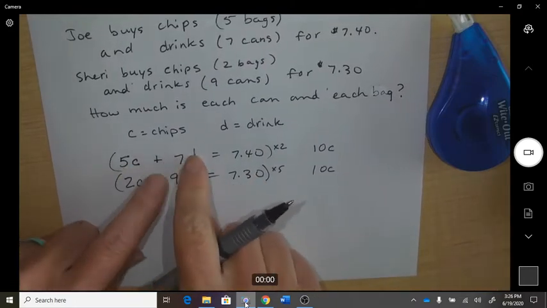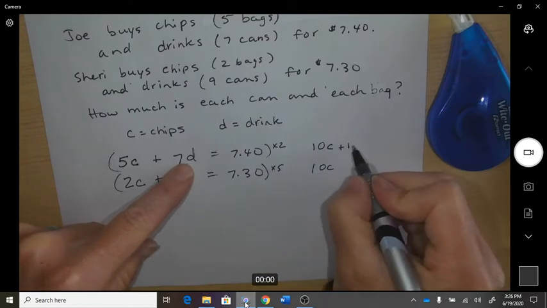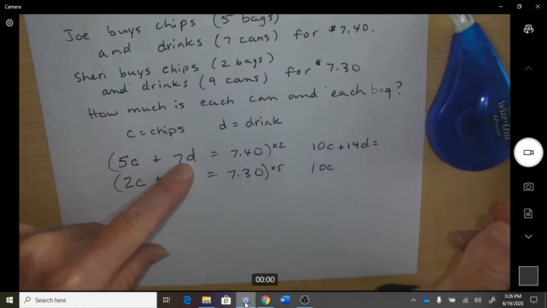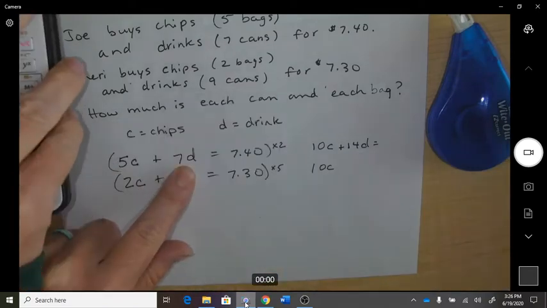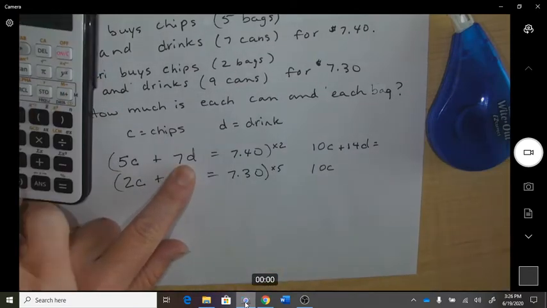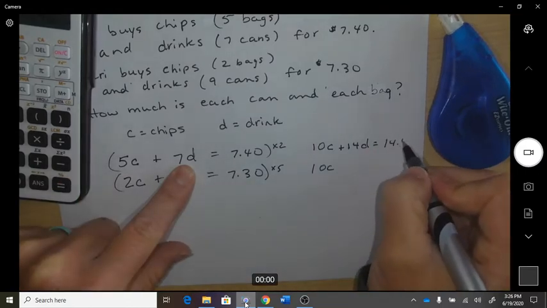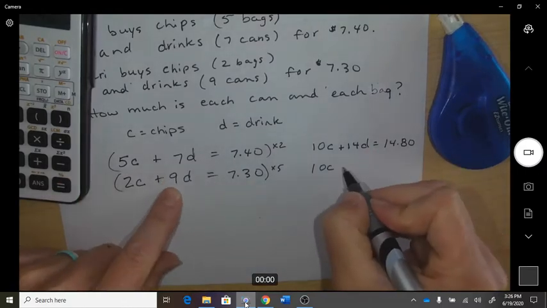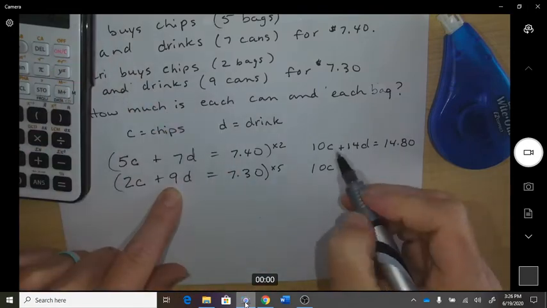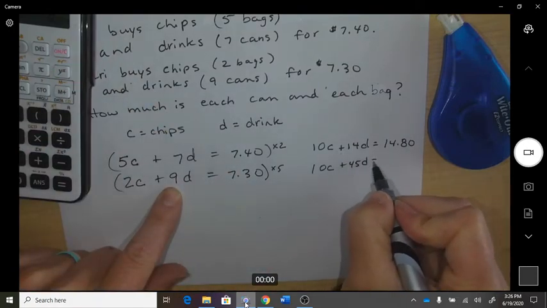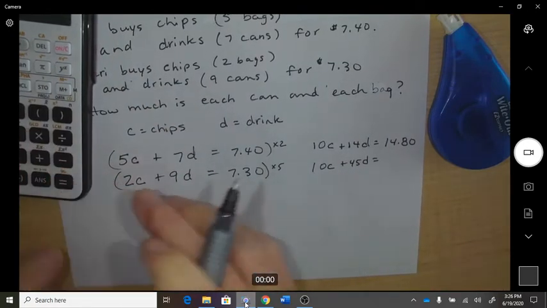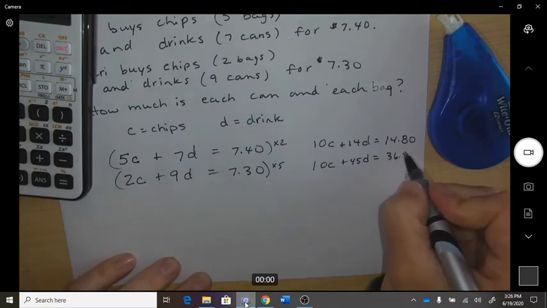So 740 times 2 is 1480. Timesing by 5, so 45. And 36.5.